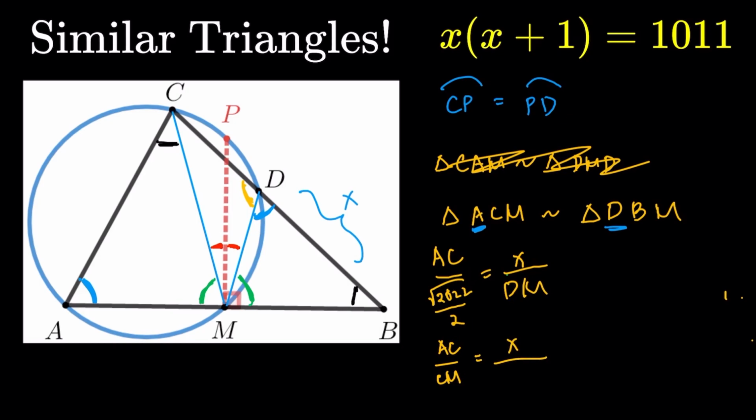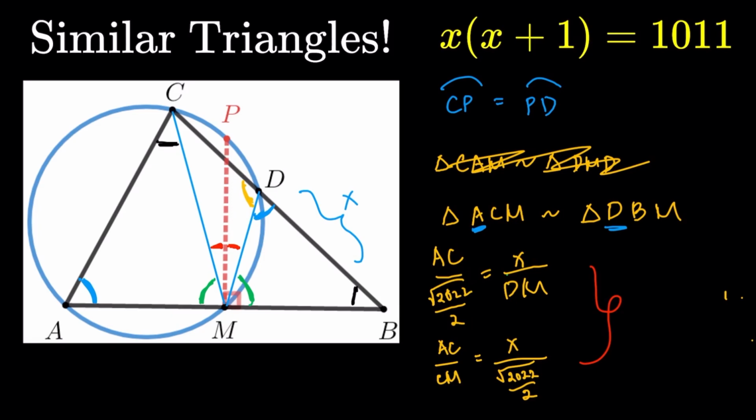Now BM is half of AB, so BM here is the square root of 2022 divided by 2, right? So these two, well, they're not the prettiest equations, but we do have two proportions that came from the similar triangles. And let's try to see what we can do here.